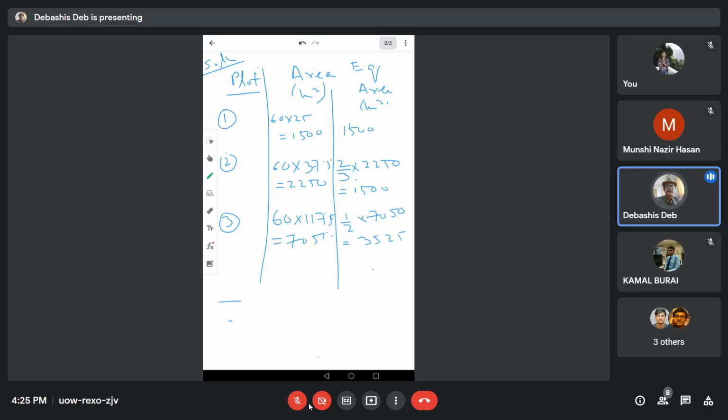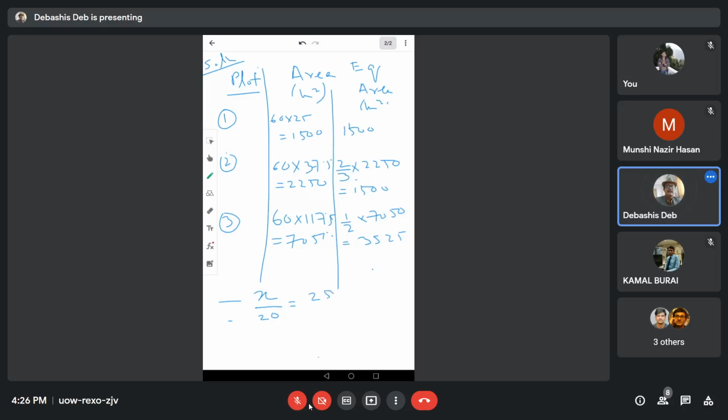Now, for area of R1, R2, and R3, we have considered x, no? So I can write in this fashion: x by 20 equal to 25 by 180.